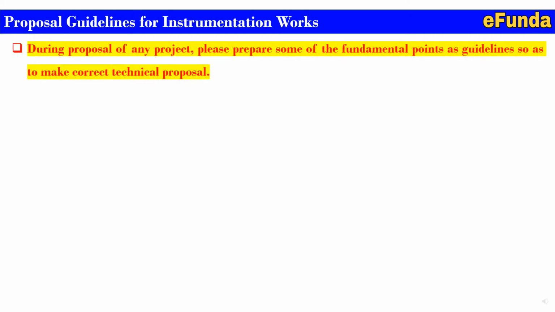During proposal of any project, please prepare some of the fundamental points as a guideline so as to make a correct technical proposal. Now we will see first point A.